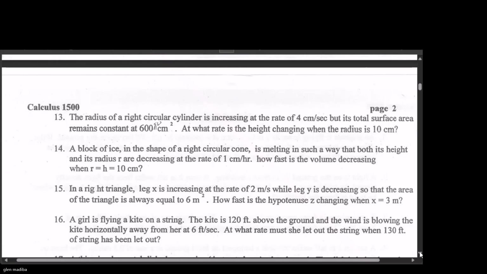You already have the hypotenuse and you already have x and the change of x. Then it's going to be 130 times ds over dt is equal to 50 times 6, which is 300. Then 300 divided by 130 is equal to 30 over 13.